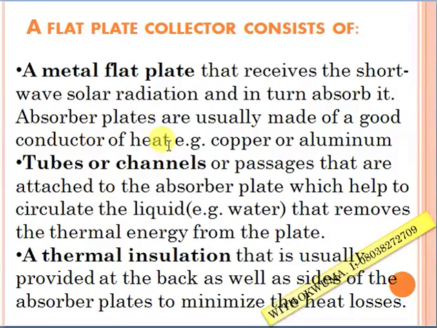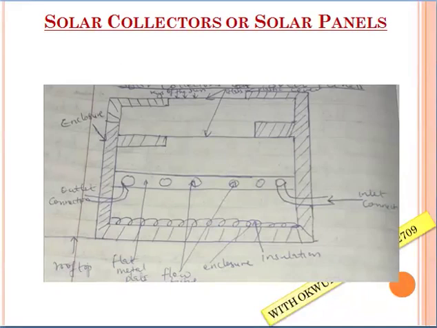Now let's see it again in the diagram. Look at this. This is the flat metal plate, a metal plate that receives the shortwave solar radiation and absorbs it. You can see it from the labeling. These plates are flat, they are the flat metal plates, or you call them the absorber plates.